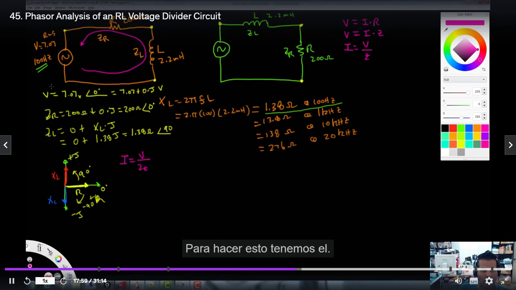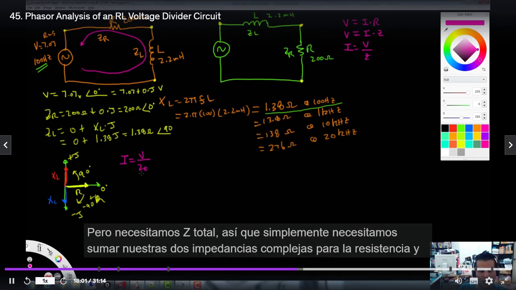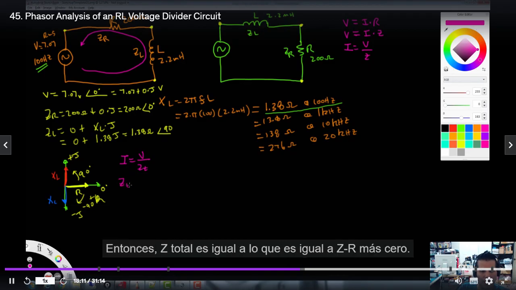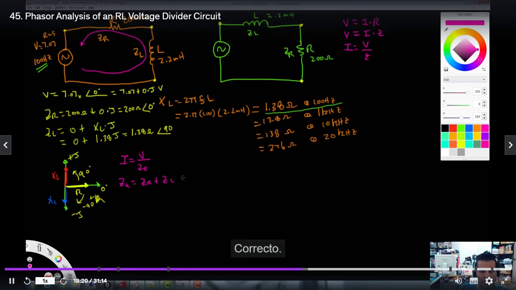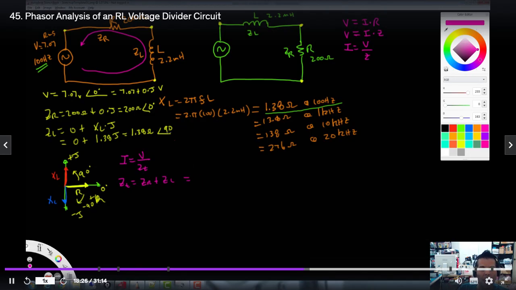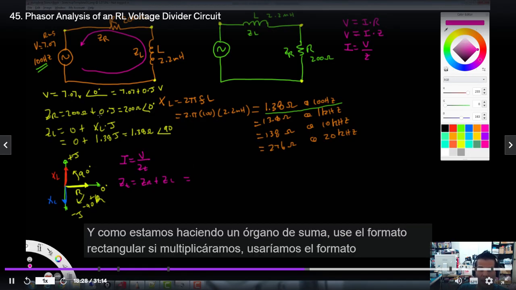We have V, that's right there, but we need Z total. To do that, we simply need to add up our two complex impedances for the resistor and for the inductor. So Z total equals ZR plus ZL. ZR is 200 plus 0j. And since we're doing addition, we're going to use the rectangular format.